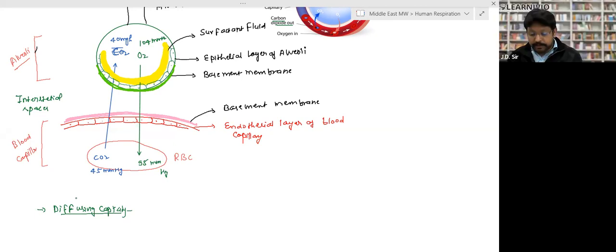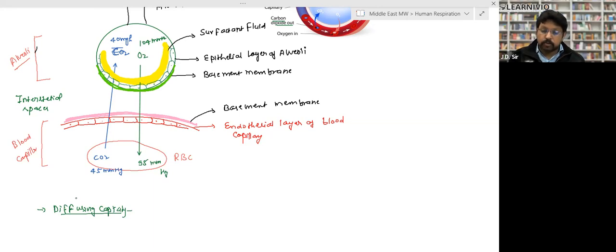The diffusing capacity is defined as the volume of gases that diffuses through the membrane per minute for a pressure difference of 1 mmHg.